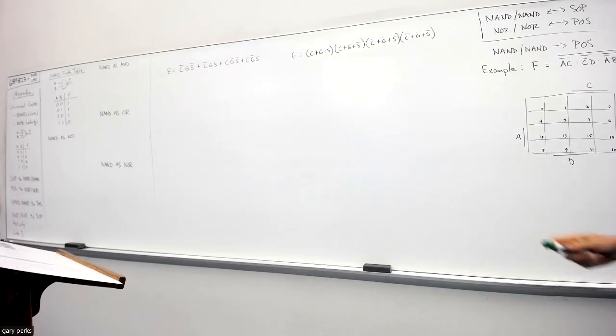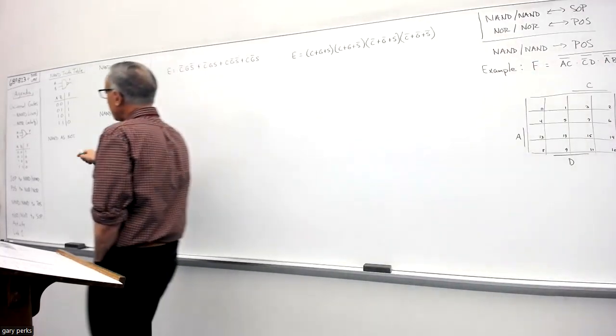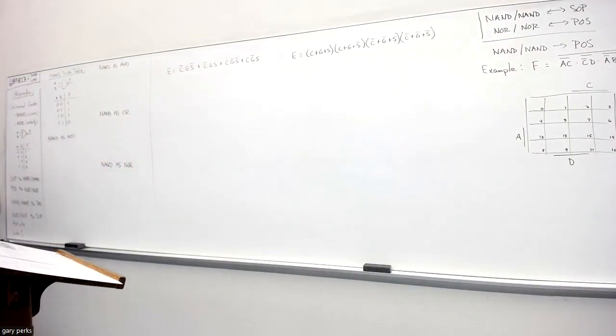We're going to start with showing how a NAND can be used as a NOT, or as an inverter. And to see why this is so, you have to look at the truth table of a NAND. Remember, I had this up on the board a couple of classes ago. A NAND is equal to an AND with an inverted output.